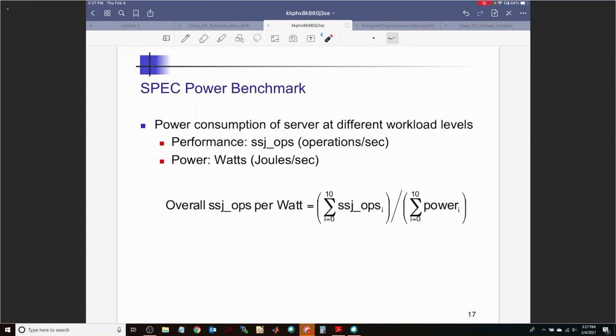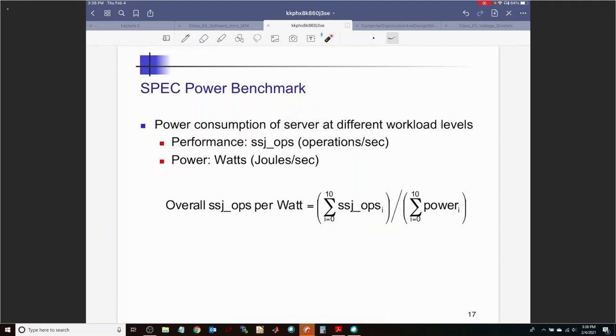All right, so we have a power benchmark. Let's talk about what this is. This is essentially the assessment of power consumption of the server at different workload levels. So what you're doing is assigning a workload. 100% workload means you are giving it a lot of tasks, and then you're doing different workloads at the server side, as opposed to the client side.